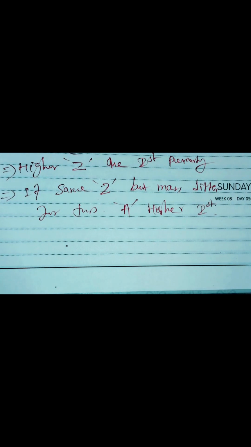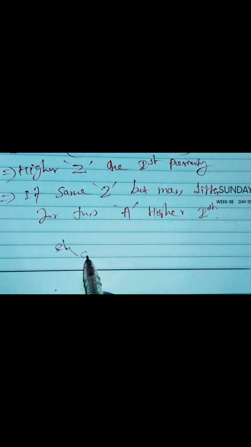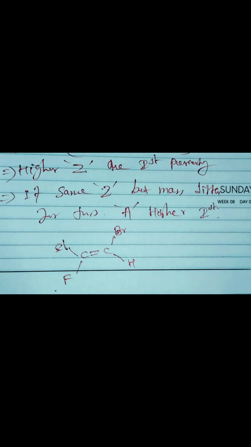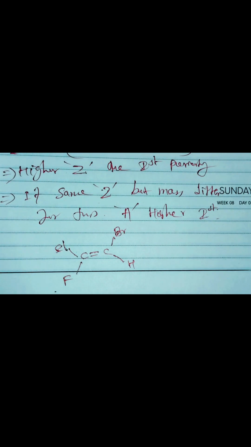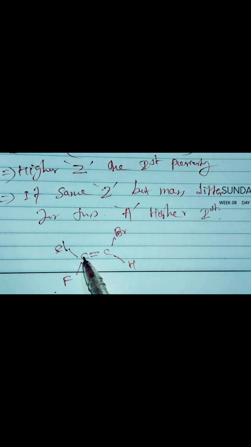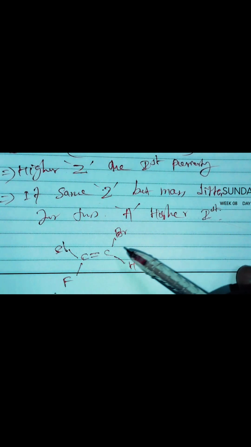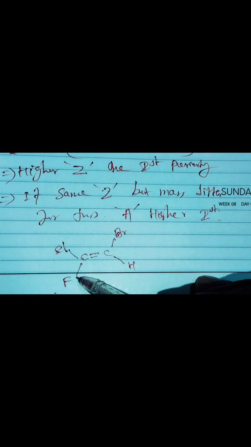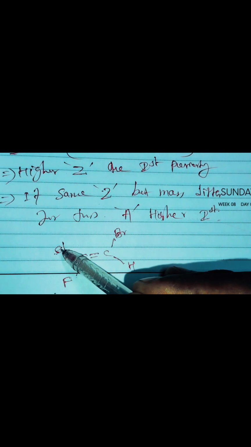Otherwise, the same atomic number with different mass is nothing but isotopes. Take this molecule: Cl, carbon double bond carbon, with bromine, hydrogen, and fluorine. If a question like this is given, go to the numbering according to the Cahn-Ingold-Prelog rule. One by one, the substituents on the carbons are given numbers. See this carbon, substituted with chlorine and fluorine. Among chlorine and fluorine, chlorine has the higher atomic number, so it gets 1.